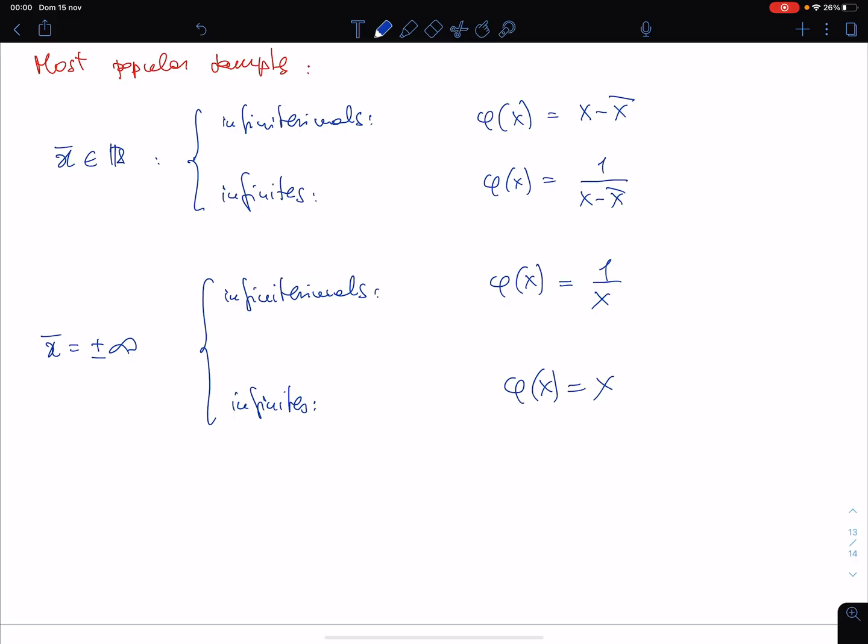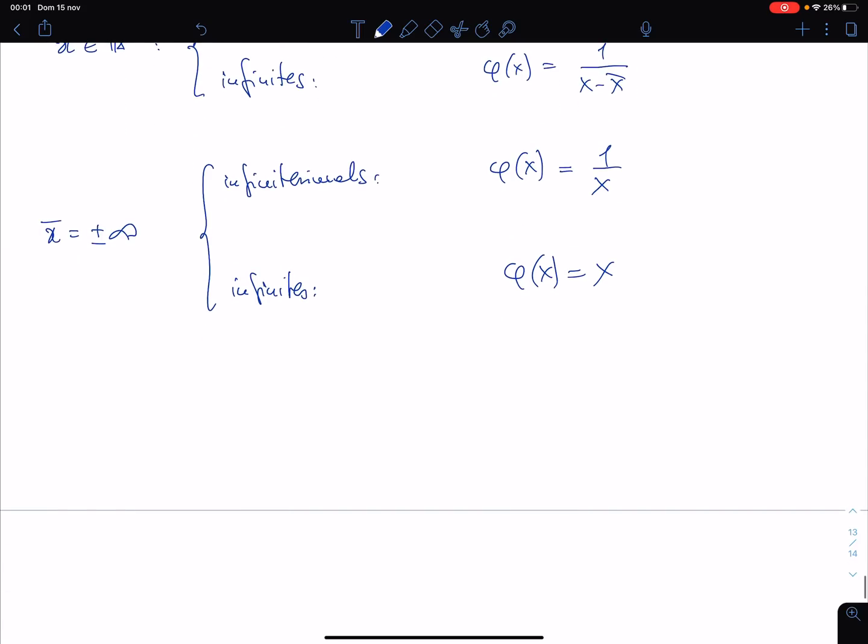Again, I warn you that this is just the most common choice, perhaps the simplest choice you can think of, but it is not mandatory that this will be the choice, for instance, at the exam. Okay, so read very well, when we are talking about samples, which sample we are choosing for you, if possible.